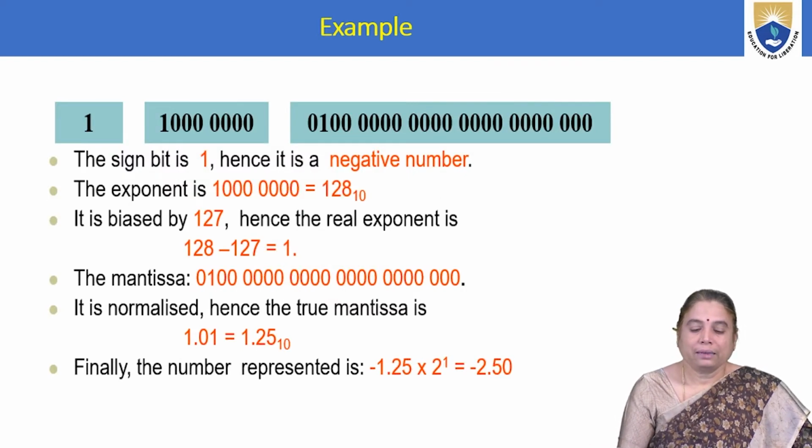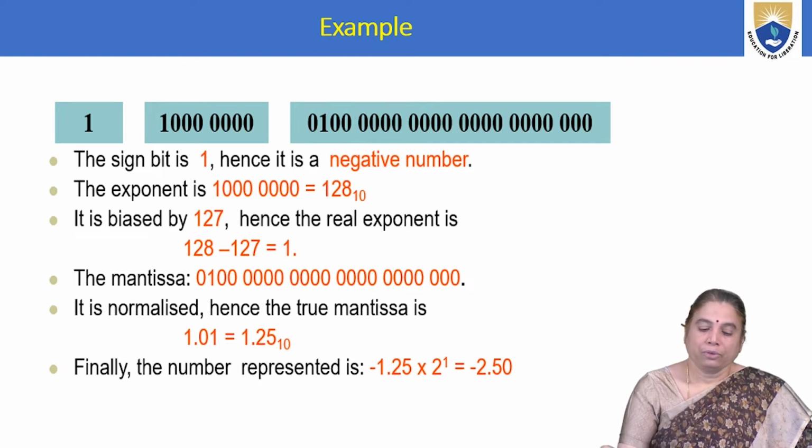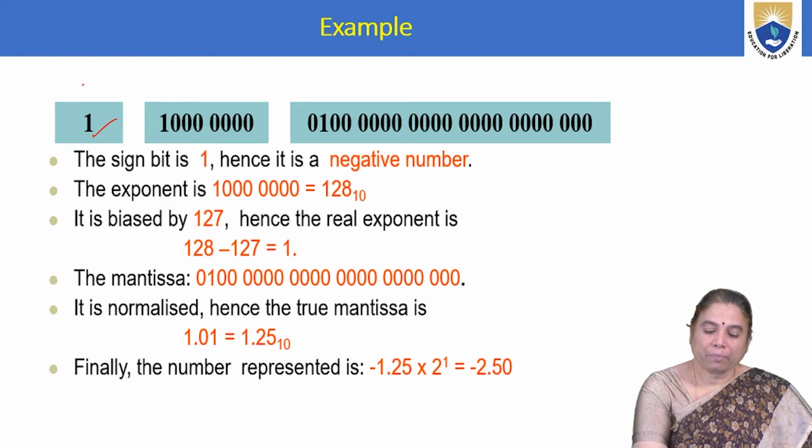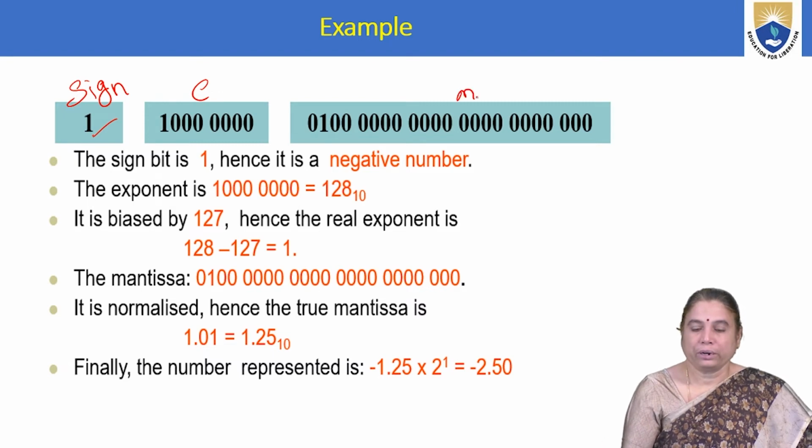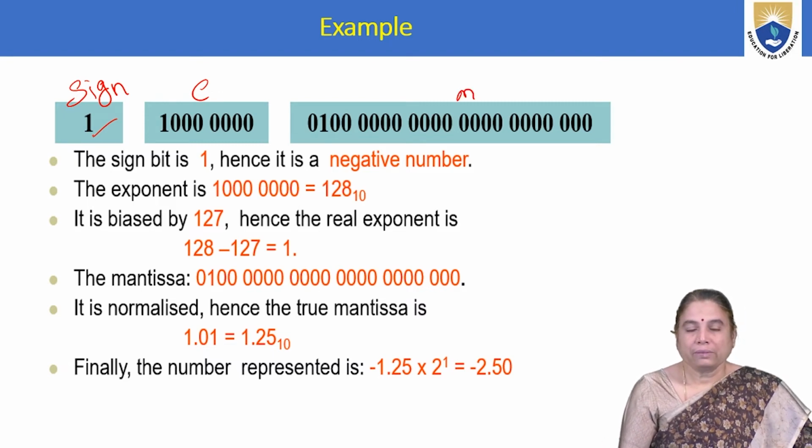Now consider an example of how single precision floating point numbers can be represented. So here this is the sign part, and this is the exponent part, and this is the mantissa part. A single bit is used to represent the sign.